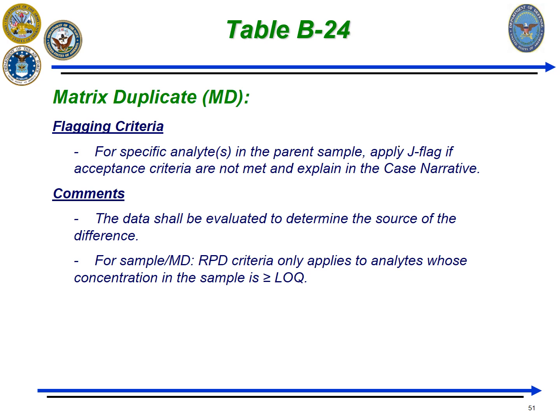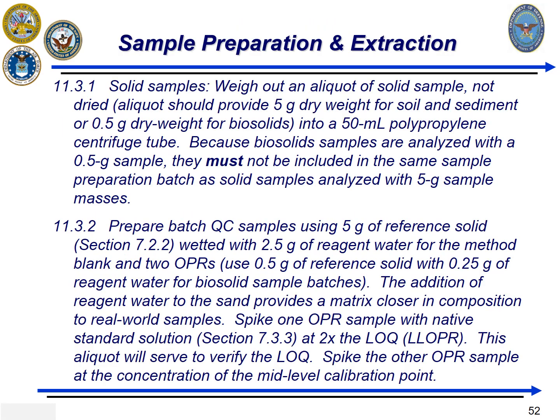Obviously, the 30% criteria is only applicable to those analytes that are detected and quantified in the sample at concentrations greater than or equal to the limit of quantitation. Section 11.3.1 states that for soil and sediment samples, 5-gram dry weight soil aliquots are utilized, and for biosolids, 0.5 grams dry weight is utilized.